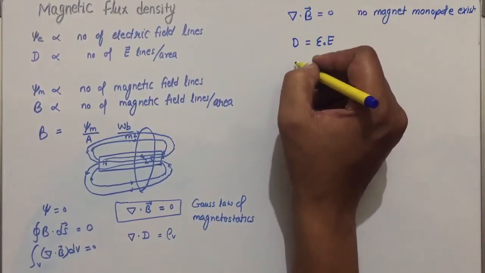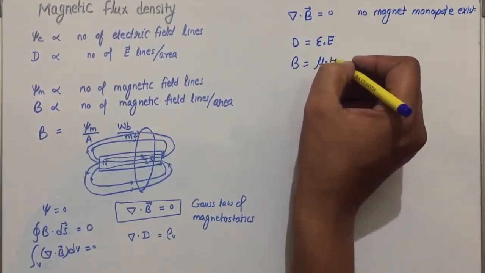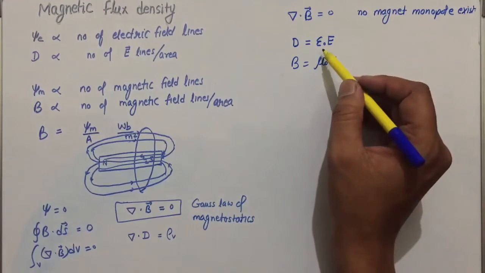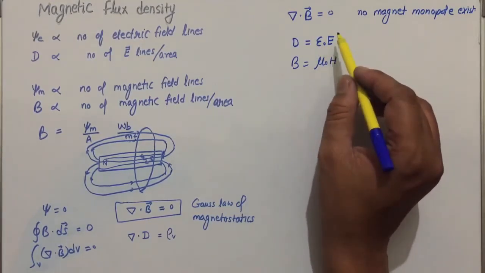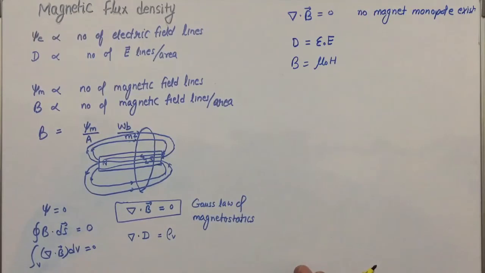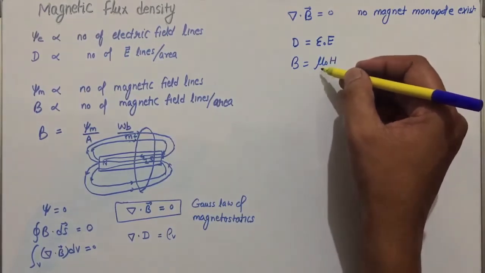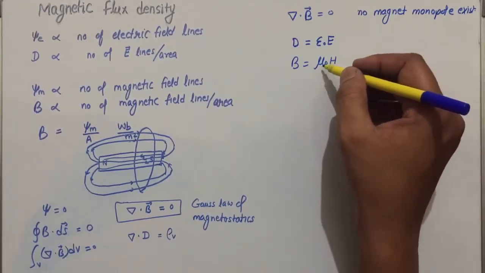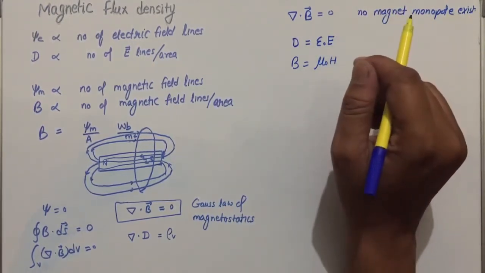Similarly, in case of magnetic flux density, B can be written as mu naught times the magnetic field intensity H. Epsilon naught is known as permittivity, and it causes opposition to the electric field lines passing through a surface, or through a material. However, permeability allows the magnetic field lines to pass through the surface.